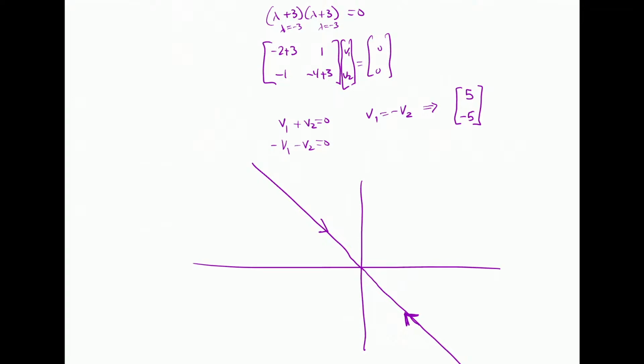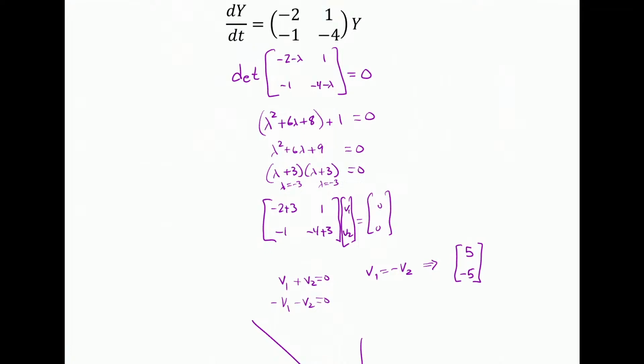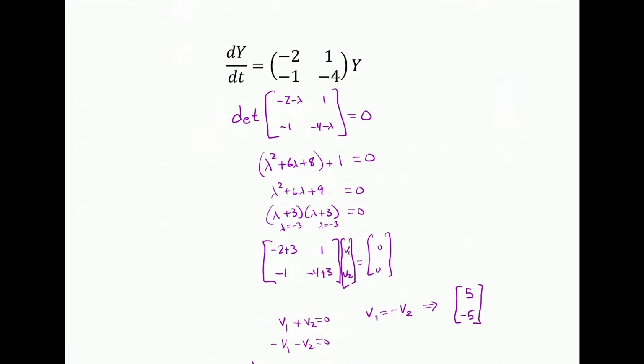So pick a point, maybe the point 0, 1, just for the sake of argument, and we're going to put a little slope line on here. Where is my original? There it is. So for 0, 1, -2, let's see. Let's do this.